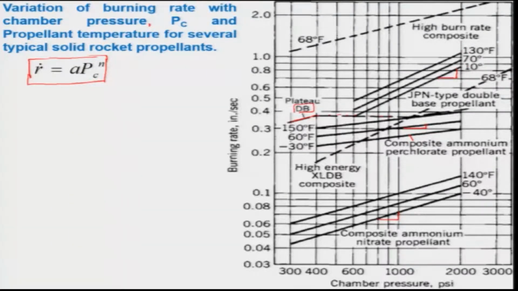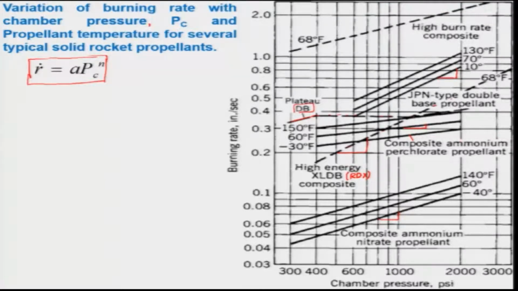Another thing I could have discussed is this dashed line corresponding to 68 degree, which belongs to this high energy XLDB composite propellant, where RDX, research development explosive, is added to the propellant. There is an increase of the burning rate. It goes from maybe 0.175 to something around 0.8 inch per second, and the slope is quite high as compared to composite ammonium perchlorate.